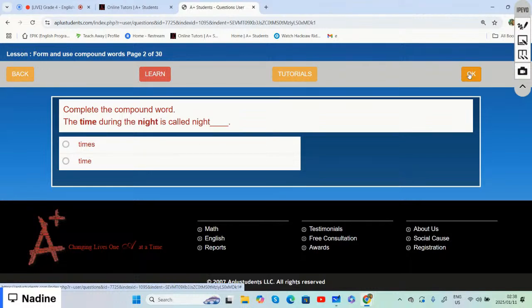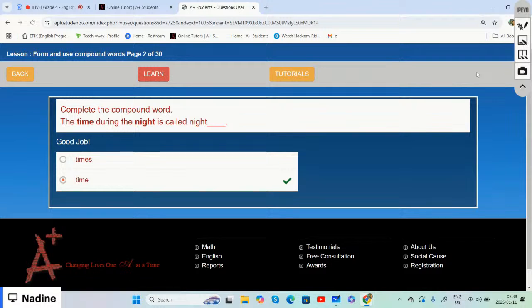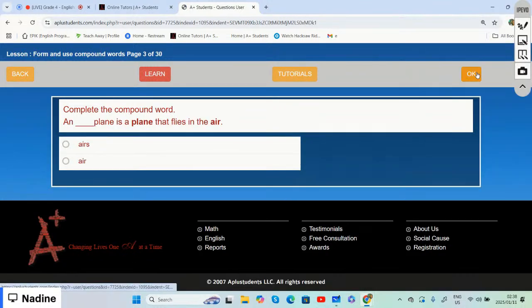So we say that the time during the night is called, yes, option two, night time. Right? So it's night time during the night.